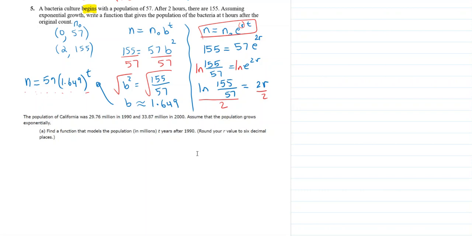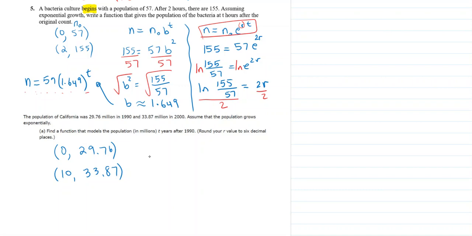But I recommend to start this problem to write the information as ordered pairs. If t is years after 1990, then 1990 is the year 0. In that year, the population was 29.76. And then in the year 2000, which is 10 years after 1990, the population was 33.87. And you're trying to write an exponential function.